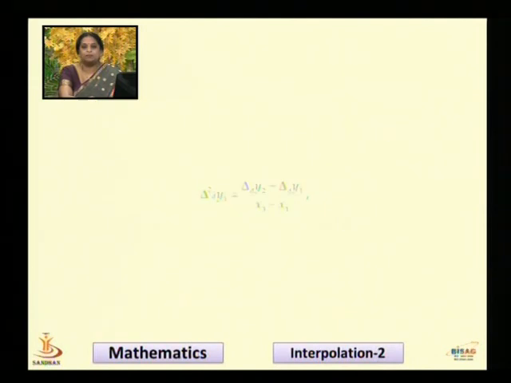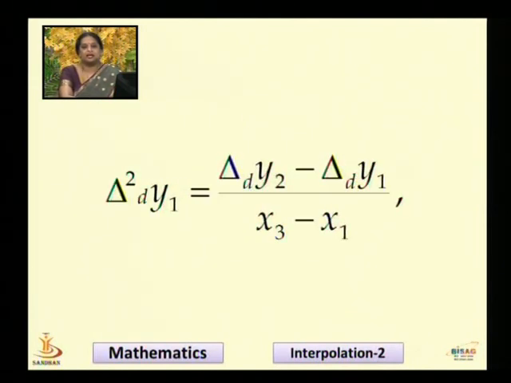Putting them into mathematical form, delta D square y1, that is the second order divided difference at the first point y1, is equal to delta D y2 minus delta D y1, that is the numerator comprises the differences in the first order divided differences, divided by the denominator, which is the difference in the x's, x3 minus x1.